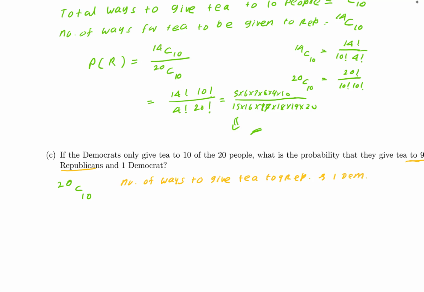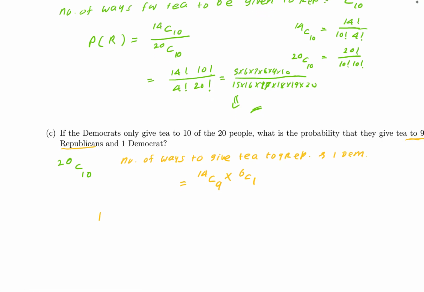So this equals, okay, 9 Republicans. How many Republicans? There are 14 Republicans. We choose only 9 and multiply. How many Democrats? 6 Democrats. We choose only 1. So that is the number of ways to give tea to 9 Republicans and 1 Democrat.